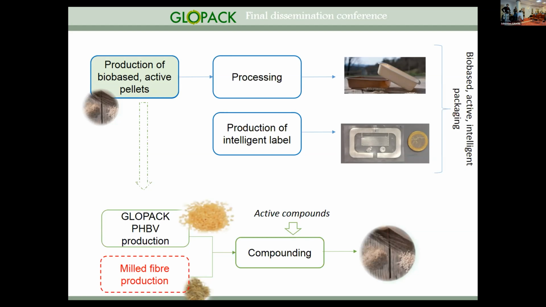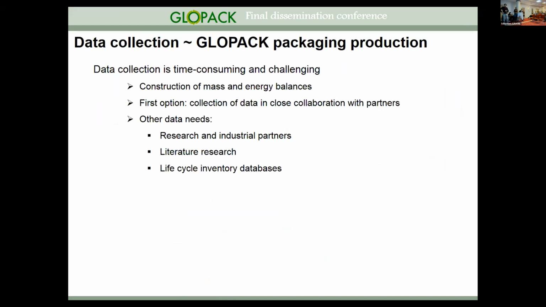We have the Glopack HPV production. It was mentioned already, the milled fiber production, that it might have an impact on the environmental impact if this is added. So I can show you the results now. And then we also have the compounding. If active compounds are added, it's also in this compounding stage.